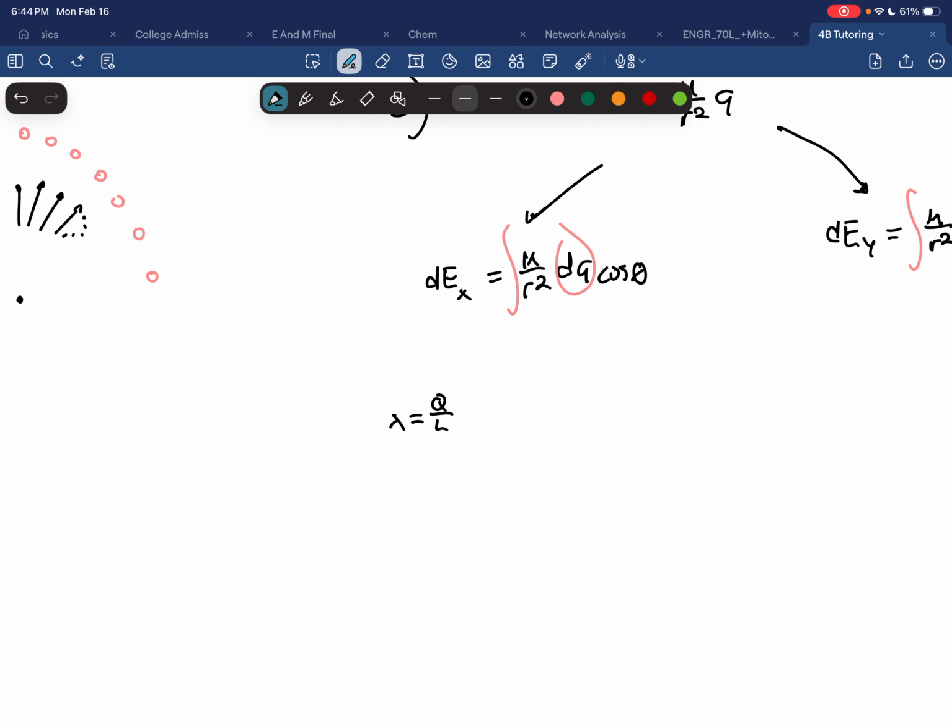Over here it's length because it is just a line of charge. It's like an arc, so it's not some surface area or some volume.